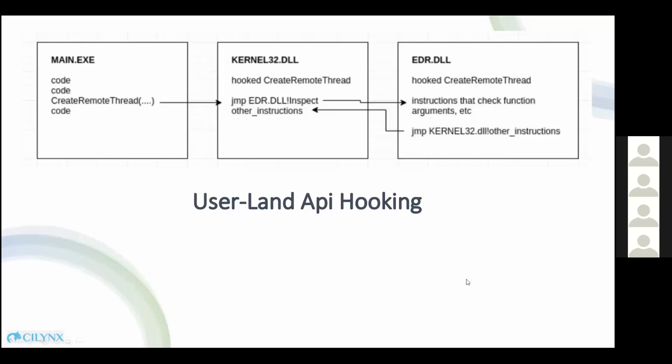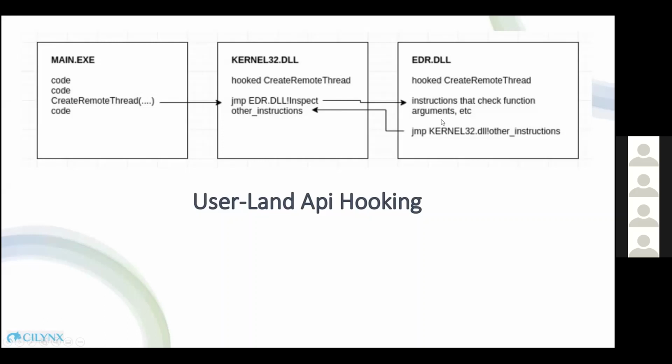When I create a remote thread using the DLL that was tampered with by the EDR, I think I'm calling CreateRemoteThread, but in fact I'm calling special jump instructions from the EDR. The EDR receives all my parameters, because my software thinks it's CreateRemoteThread, and it inspects them and says, okay, so you want to create a remote thread on Explorer.